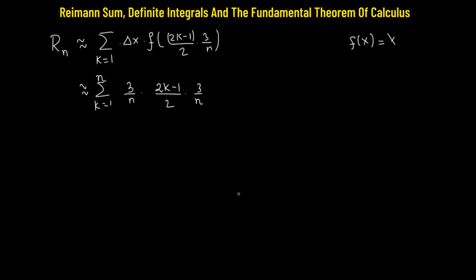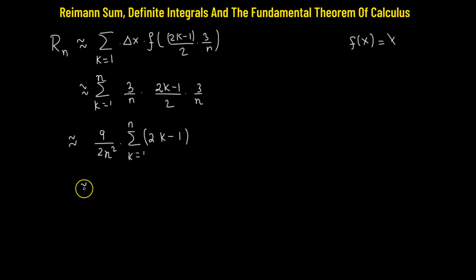So we'll have to find a summation. We are summing over k, so we can take the n outside of the summation. This will be 3 times 3, so this is 9 divided by 2n squared. And within the summation, we have k going from 1 to n, 2k minus 1.